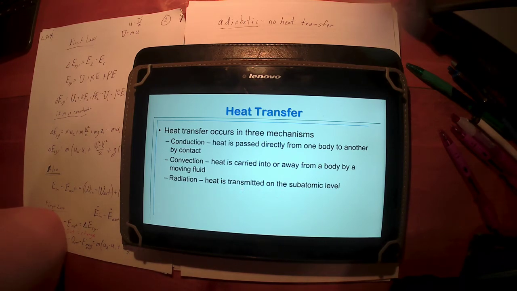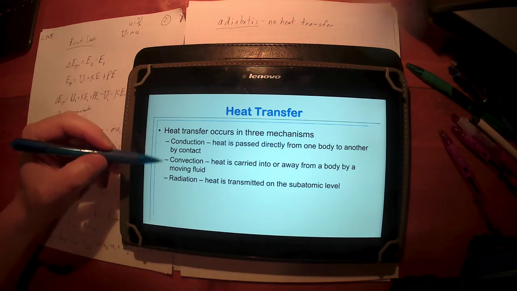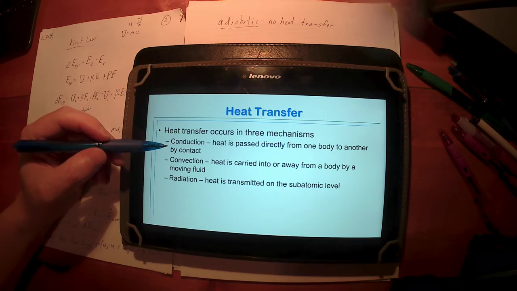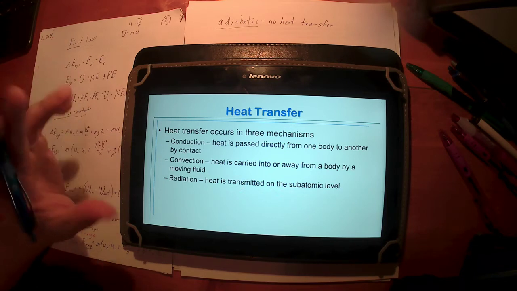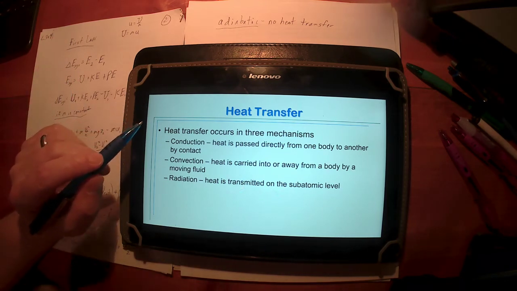And so if you have enough of these really high energy radiation particles bombarding another object, eventually that object's going to heat up. It's going to gain energy through that radiation process. Again, conduction and convection require one medium to be in contact with another one.